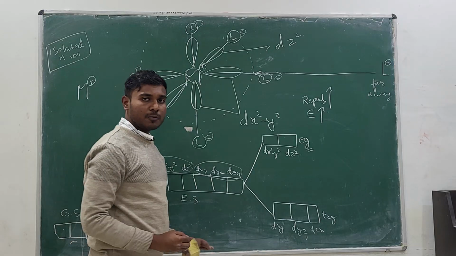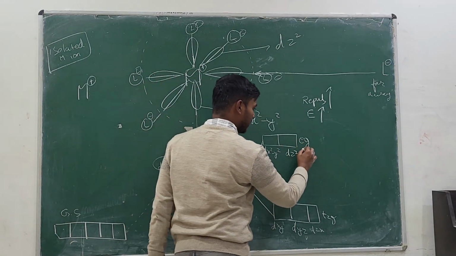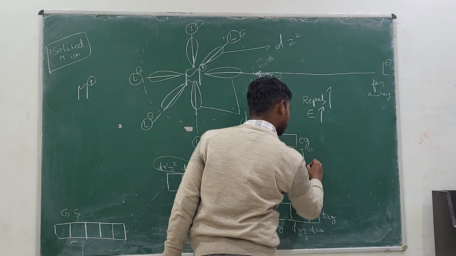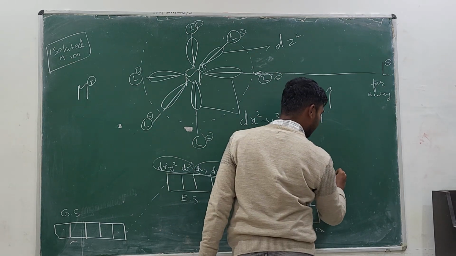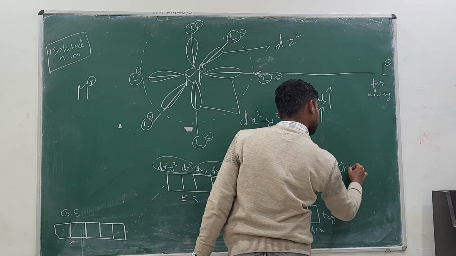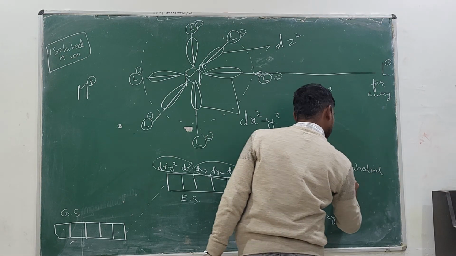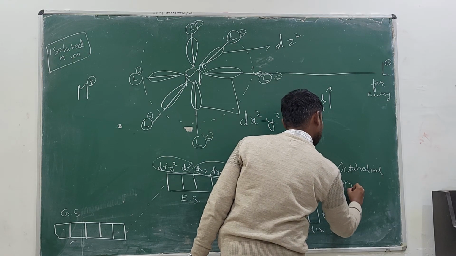So now our d orbitals are split into two different energy levels. The energy difference between the two energy levels is named delta O, where O specifies the octahedral crystal field splitting energy.